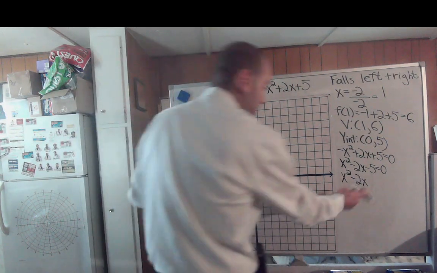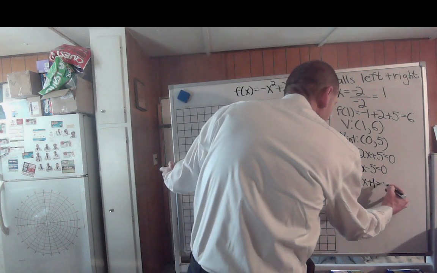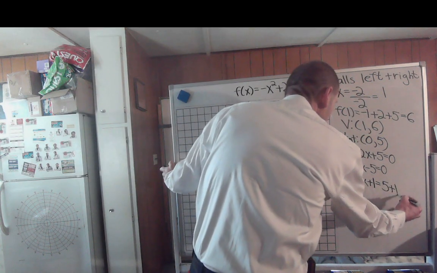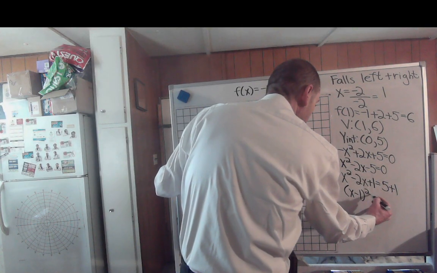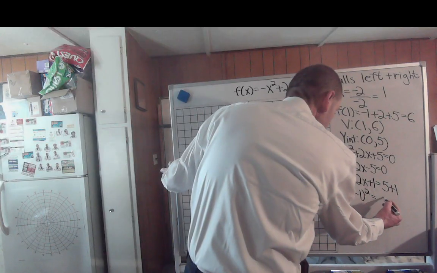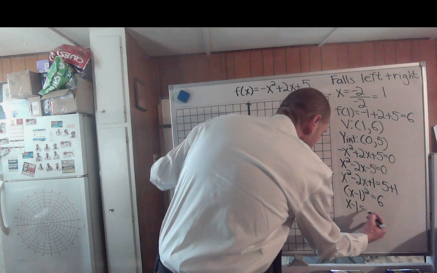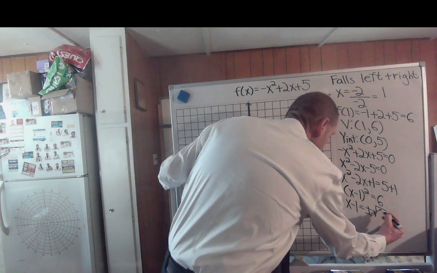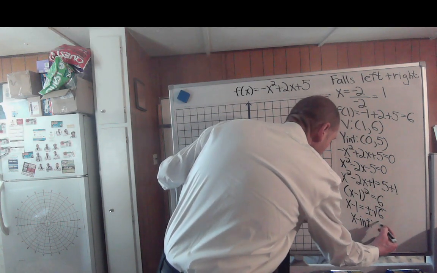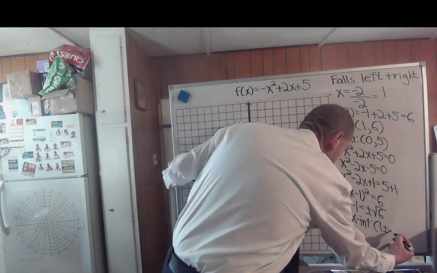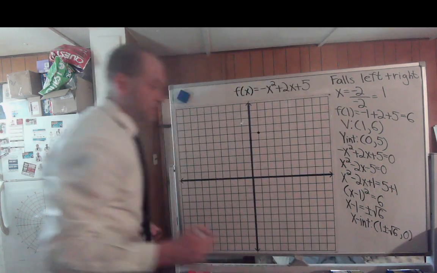Half of negative 2 is negative 1, and that squared is plus 1. That's going to equal 5 plus 1. So you would end up getting x minus 1 squared equals 6. x minus 1 would equal plus and minus the square root of 6. So your x-intercepts will be found at 1 plus and minus the square root of 6, 0.